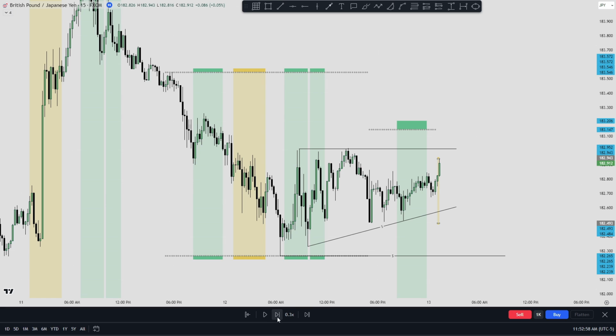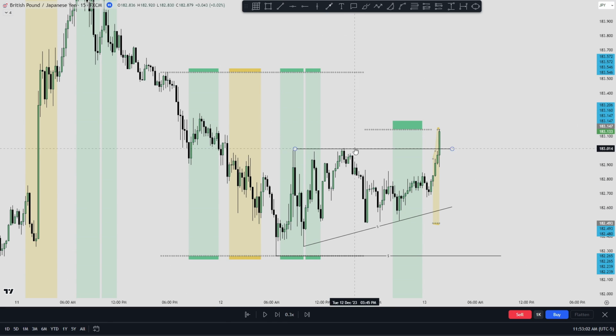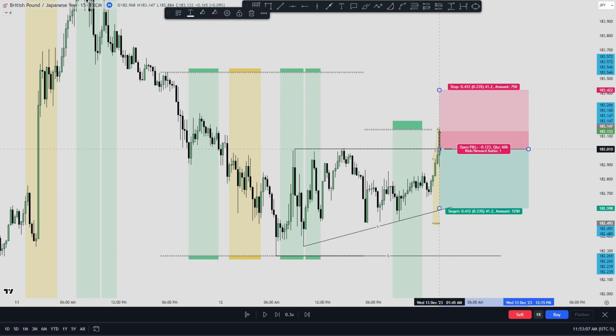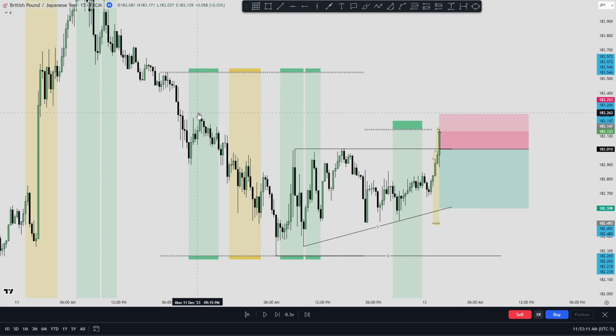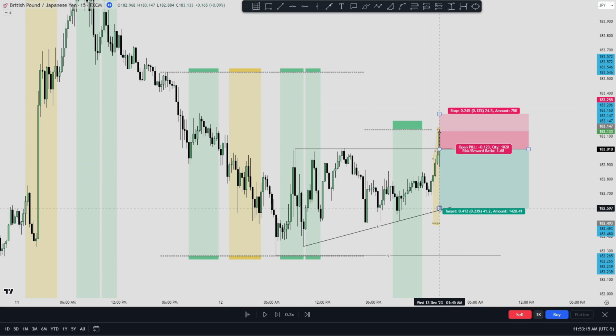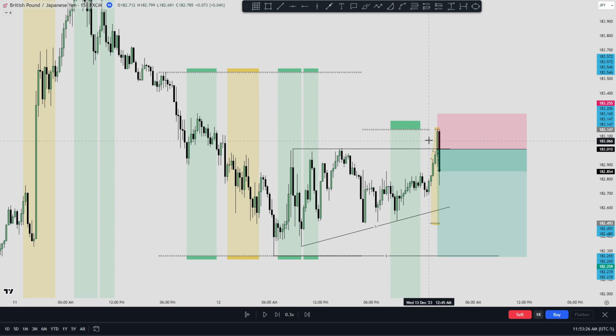Okay, London session's open. We take out these highs right here and do something like this. Stop loss above this high right here. Take profit down here. This would be your turtle soup trade. Then price takes out this liquidity and immediately reverses.